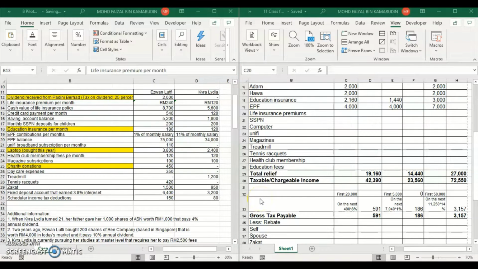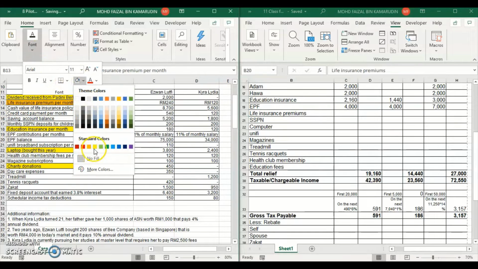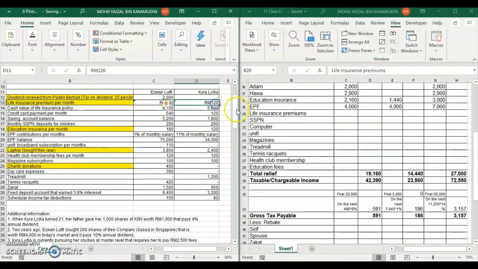Let's continue with the next item, which is life insurance premium. Yes, they do contribute. They bought the life insurance policy, each paying 240 and 120 each. So 1440.